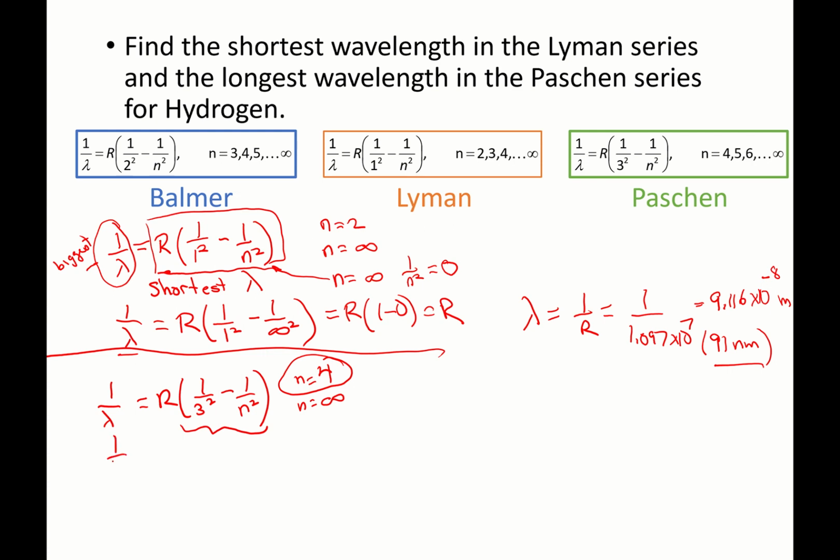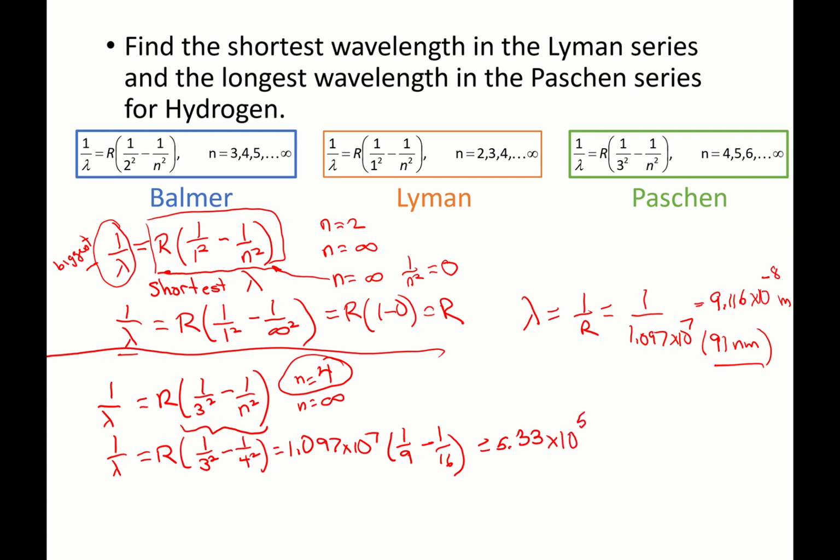So let's put in our numbers. 1 over lambda is R times 1 over 3 squared minus 1 over 4 squared. So that's 1.097 times 10 to the 7, which is our R, times 1 over 9 minus 1 over 16, which is 5.33 times 10 to the 5.